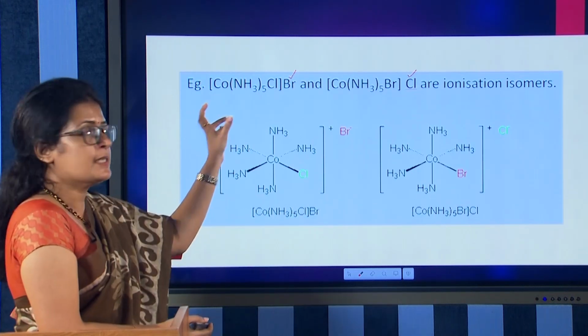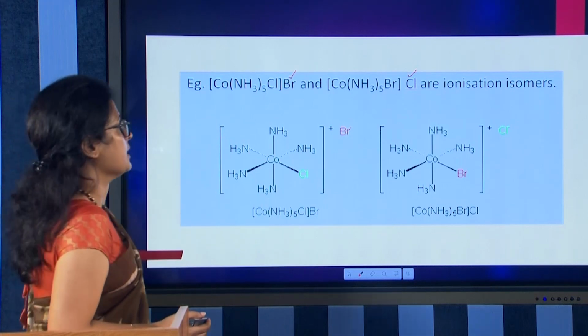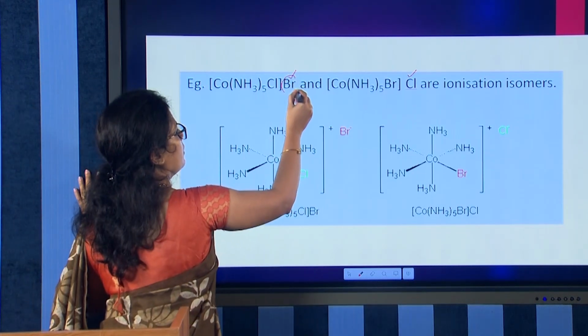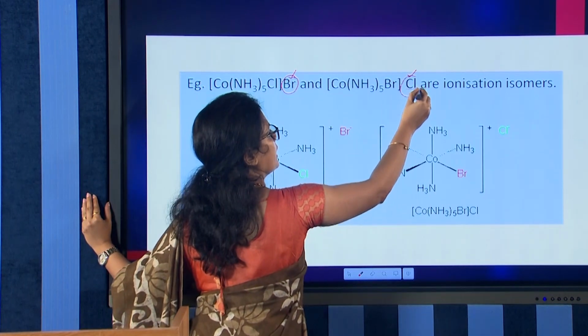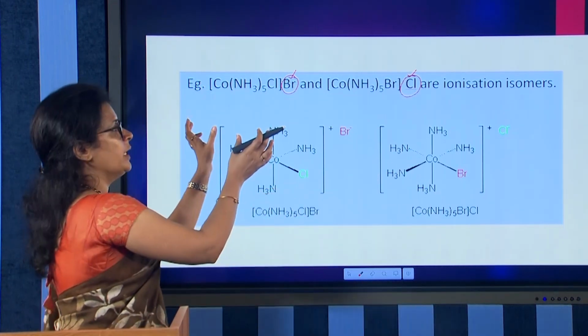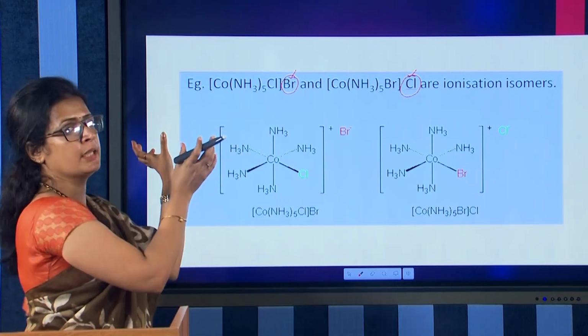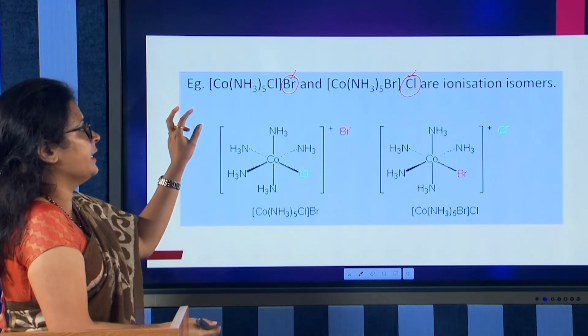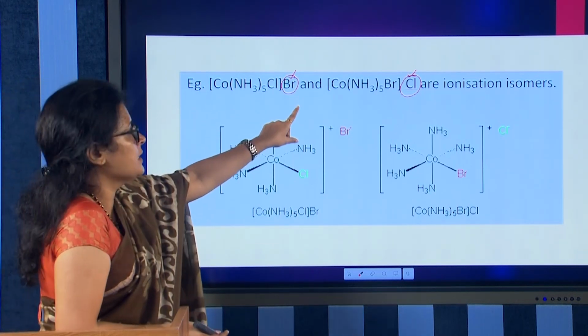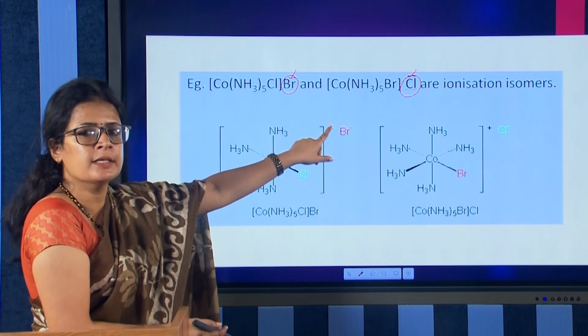When we ionize these complexes, in this case we will get the bromide ion, that is Br minus, and in this case we will get the chloride ion. But actually, when we look at the formula, it is the same: Co, NH3 five times, Cl and Br are there, again Co, NH3 five times, Cl and Br are there.